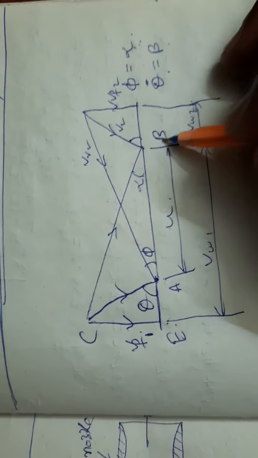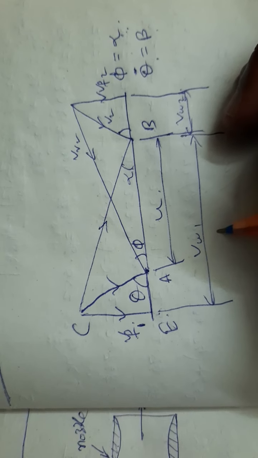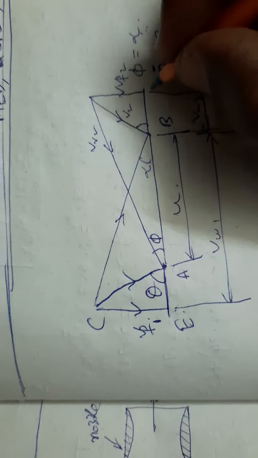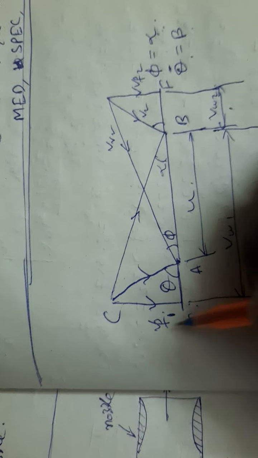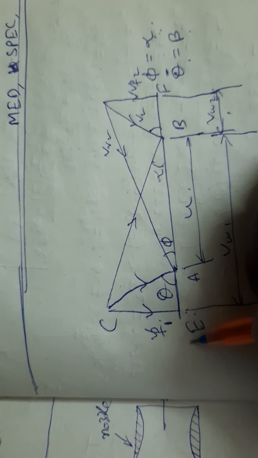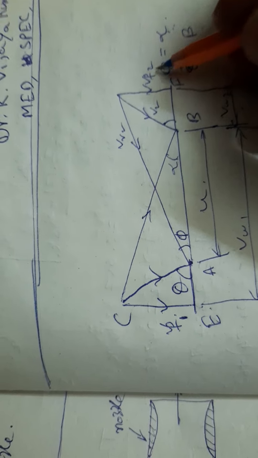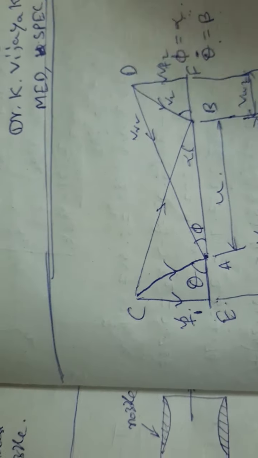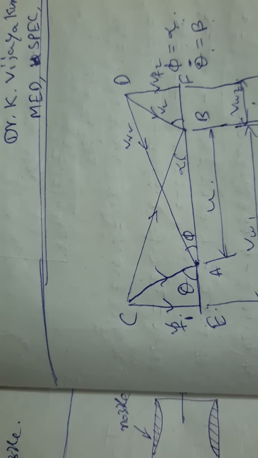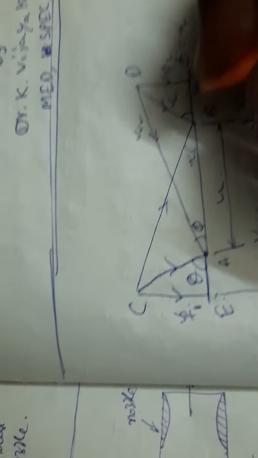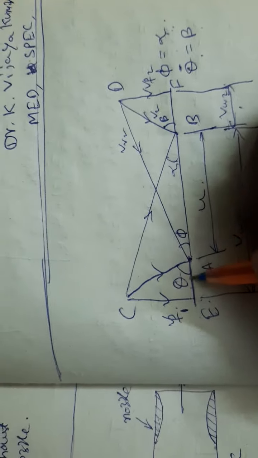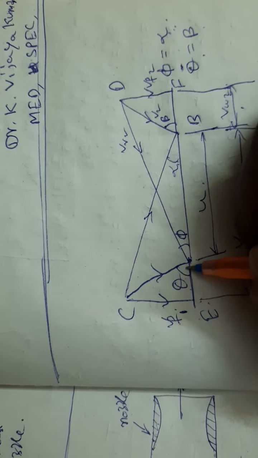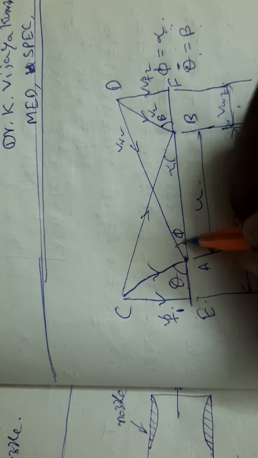Now EB is the whirl velocity at inlet and BF is the whirl velocity at outlet, and CE is the velocity of flow at inlet. DF is the flow velocity at outlet. Now it is beta, alpha, phi, theta. Theta and phi are the inlet blade angle and outlet blade angle.